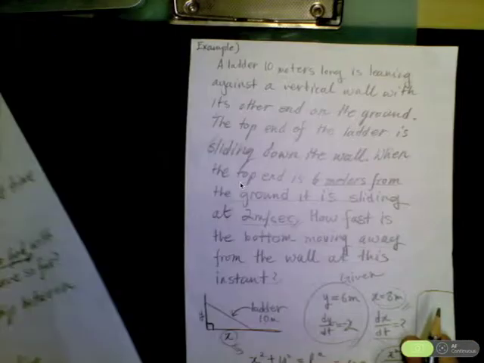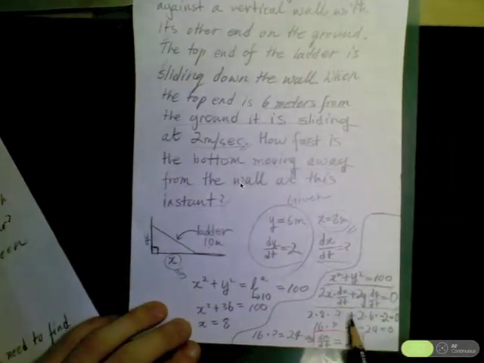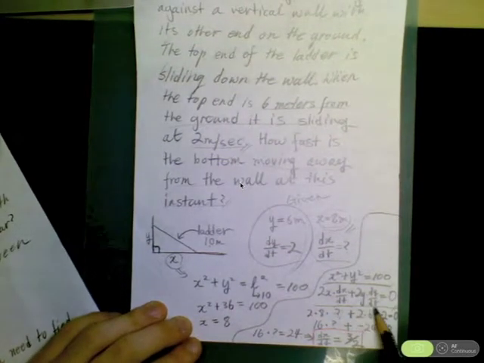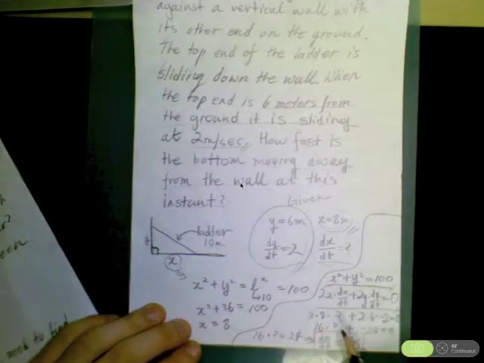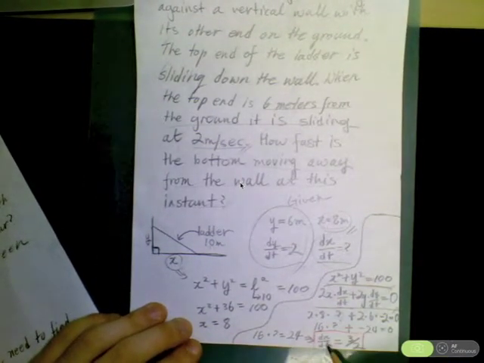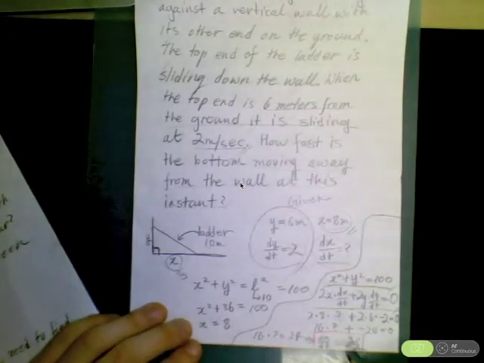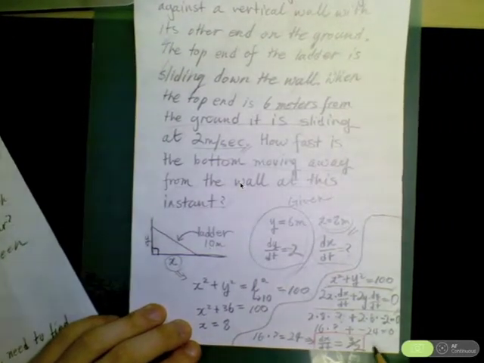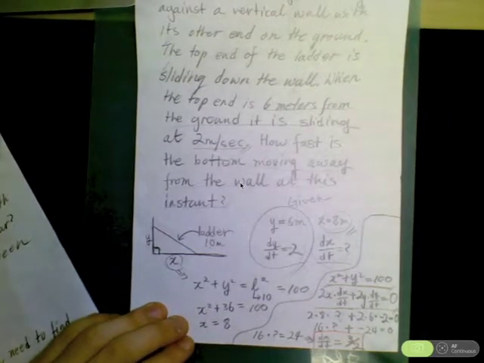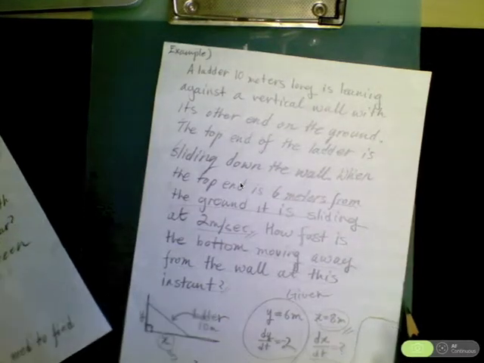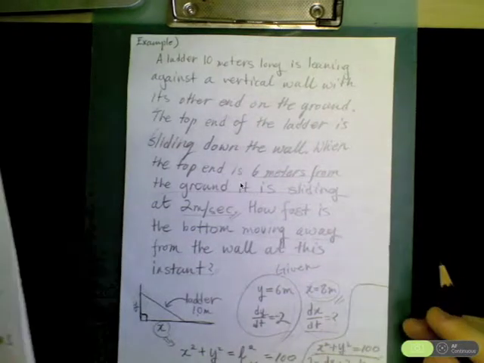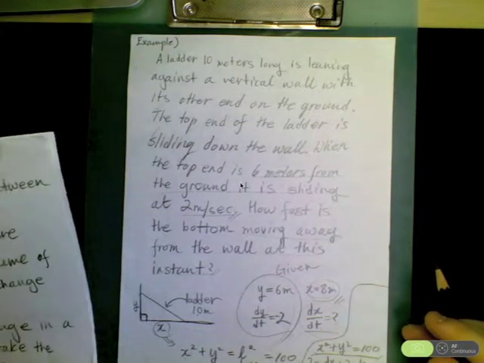And we took the derivative, which is right over here, and 2x times dx over dt plus 2y times dy over dt equals 0. And we plug our data in here, and we came up with the answer. The dx over dt equals 3 over 2 meters per second. Okay, that's basically it. And I hope you learned how the related rates problems work itself out.